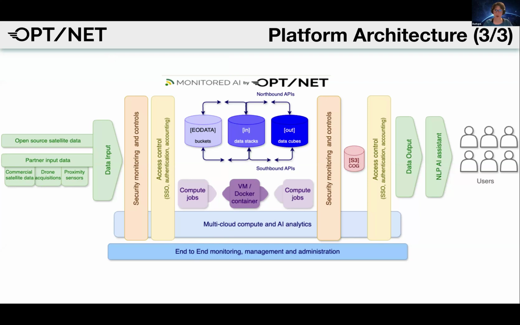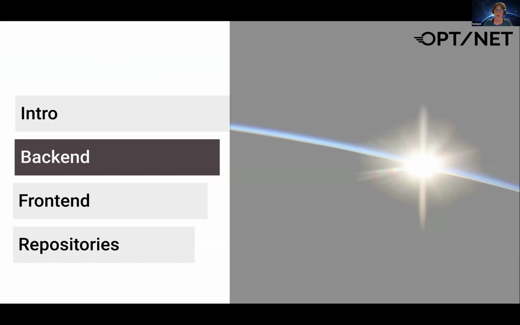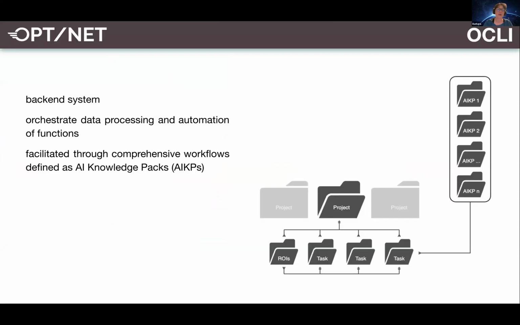So yes, this is a bit more complicated structure that I will not go into much detail on, but everybody interested can dive a bit deeper. But what I wanted to show you and tell you a bit more about is the backend itself. So this is where all the magic happens. The OCLI, as I mentioned a couple of times already, is a backend system that orchestrates data processing and automation of numerous functions, from data acquisition, fusion, AI analysis, and pre-processing, and it is facilitated through AI knowledge packs.